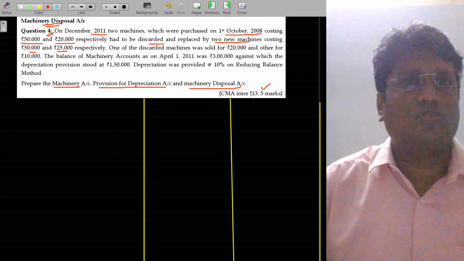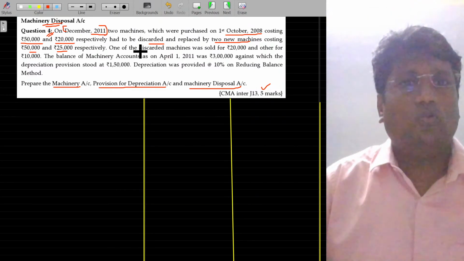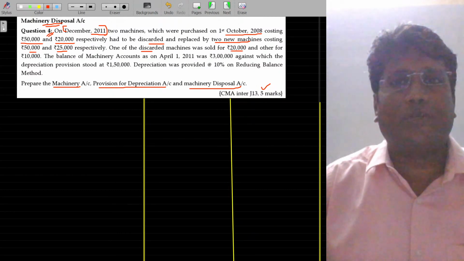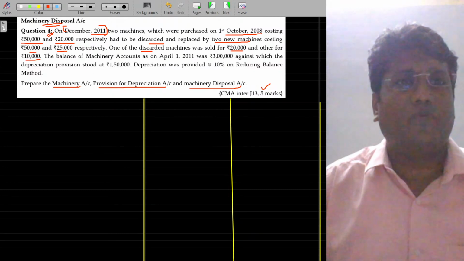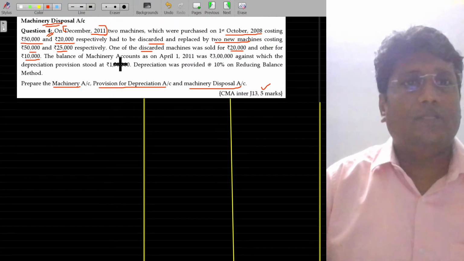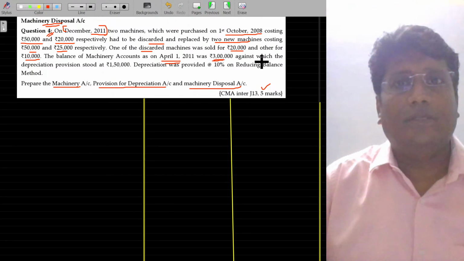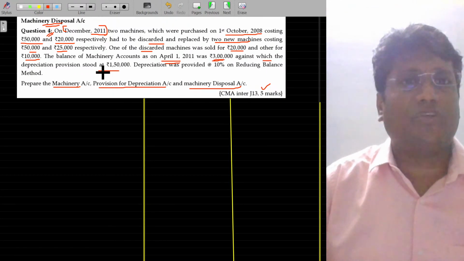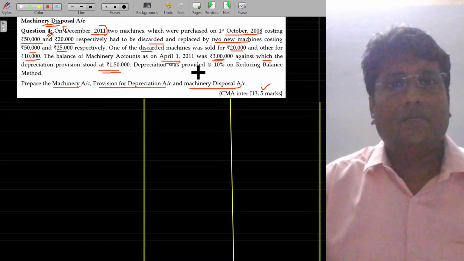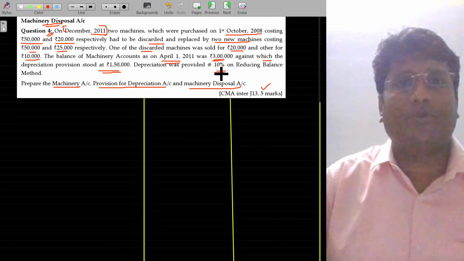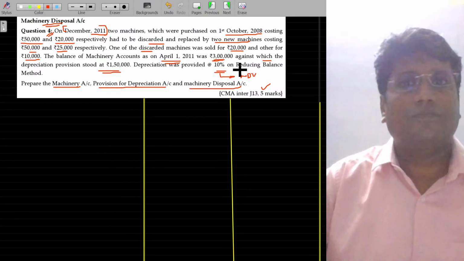One of the discarded machines was sold for 20 and the other for 10,000 rupees. The balance of machinery account as on 1st April 2011 being 3 lakhs, against which the depreciation provision stood at rupees 1,50,000. Depreciation was provided at the rate of 10% on reducing balance method, which is nothing but WDV method.